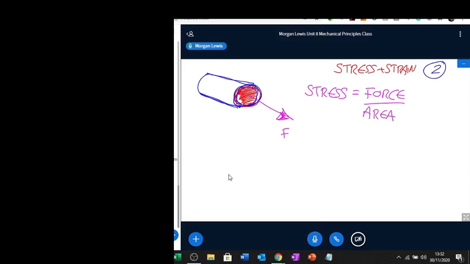In this case, it's the area of the circle. Don't forget, this has got to be in newtons and this has got to be in meters squared. So the area of a circle, you can either use pi r squared or you could use pi d squared over 4.